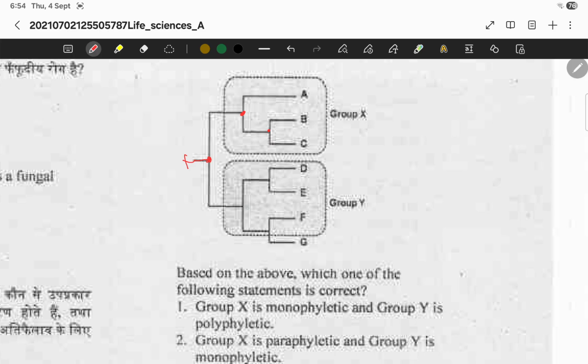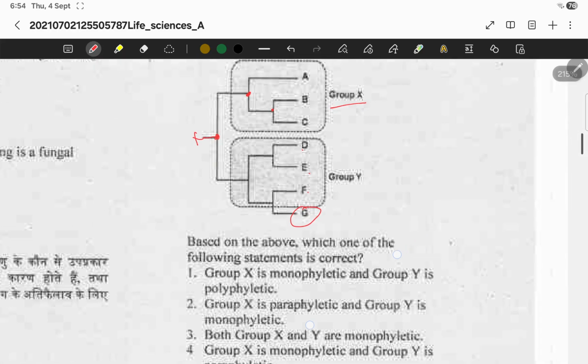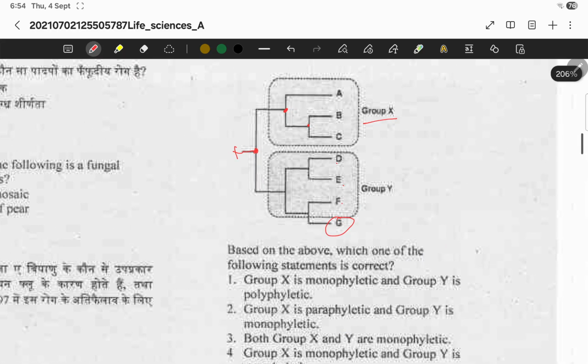B and C is becoming here, so they are a part of group A. This when departed, D and E and F and G is not in the group, okay. Group X.